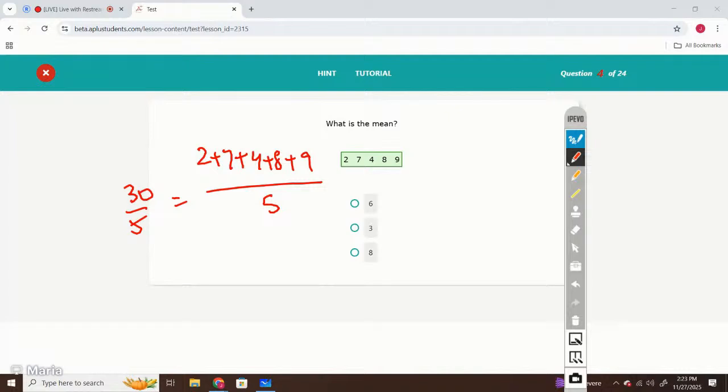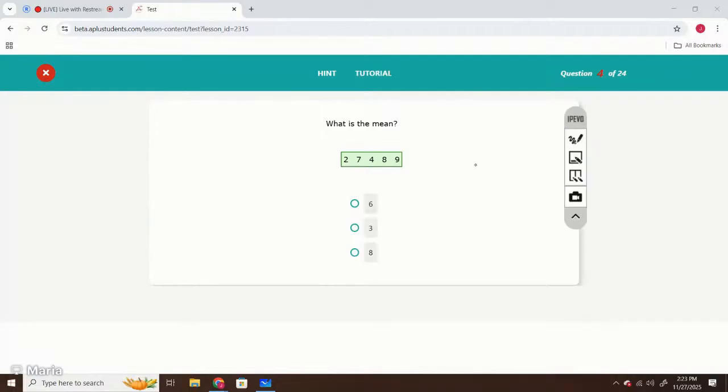So what is the mean? So that is 30 divided by 5 is 6. Option number 1 is the correct option. That is 6.